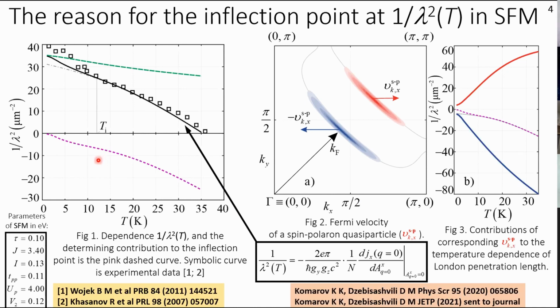Since the expression for the supercurrent obtained with the projection technique is fairly complicated, the number of terms arising after taking the derivative is large. However, as numerical analysis shows, only one of them leads to a feature that manifests itself as an inflection point.